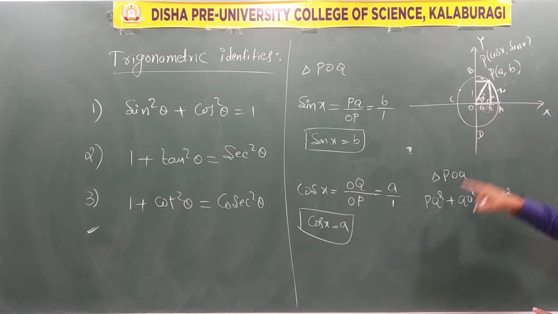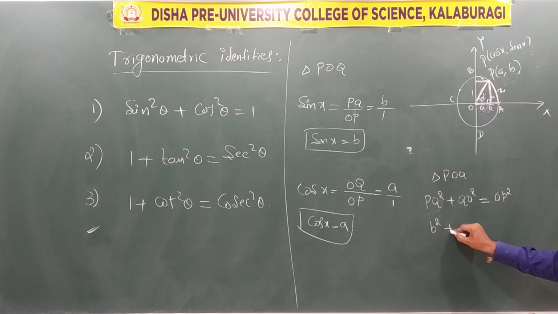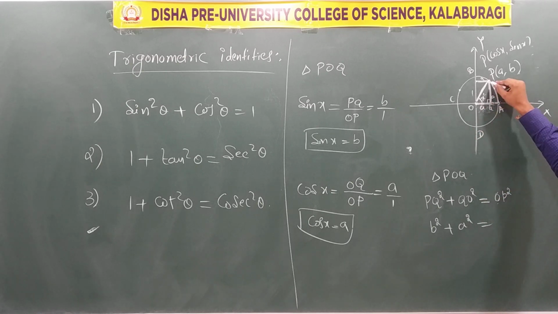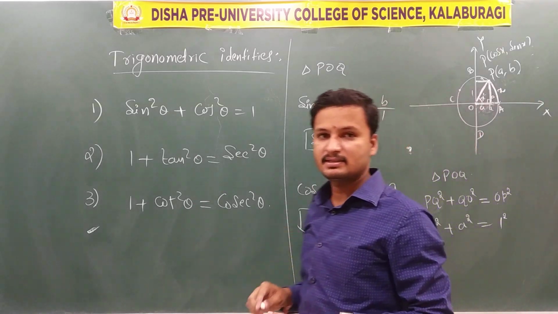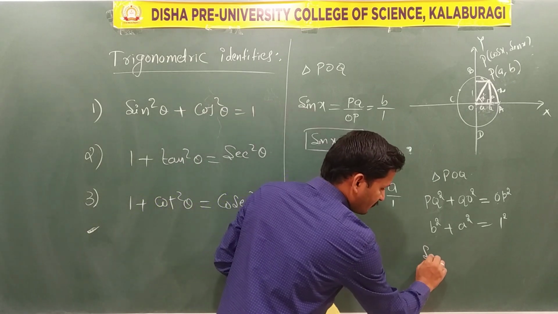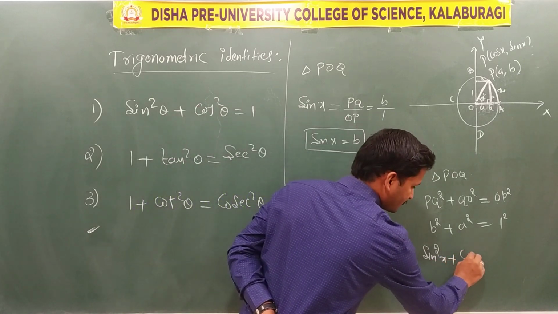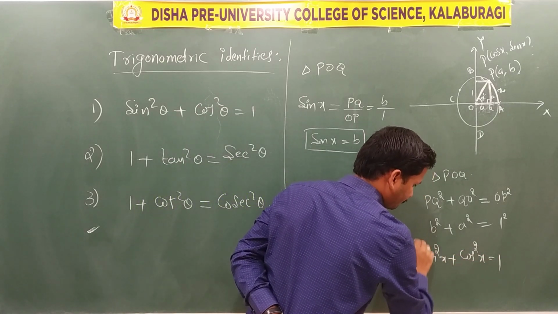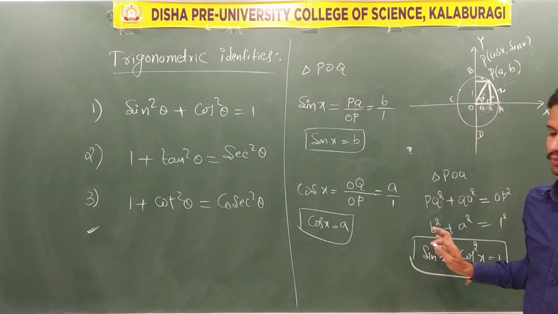Here PQ length is B, so that is B square. Next QO square is A square, which is equal to OP square. OP is the radius, and the radius of the unit circle is 1, so 1 square is 1. Then B is sine, so B square is sine square x, plus A square is cos square x, is equal to 1. So sine square x plus cos square x is equal to 1.